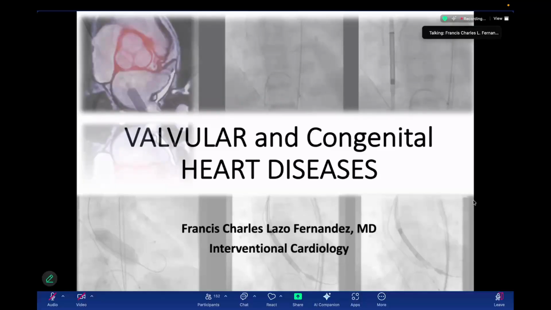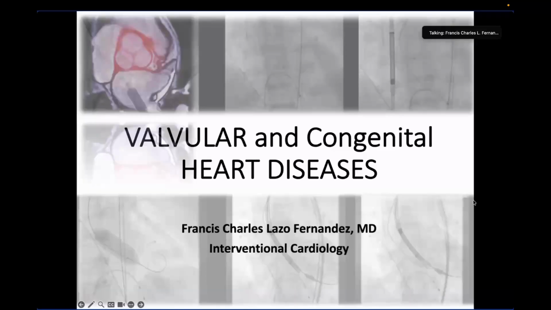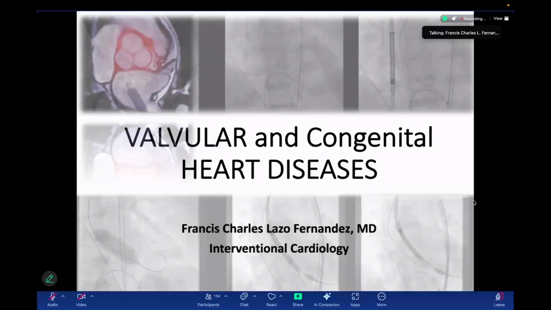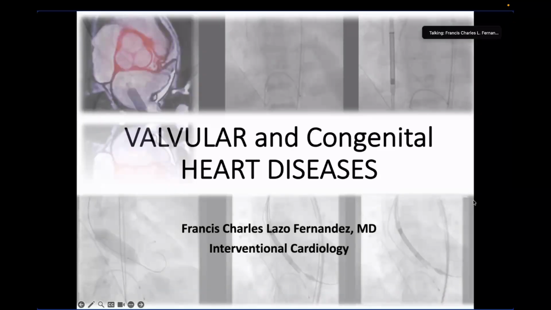But in context, we shall limit this to grown-up congenital heart diseases, for those patients that we get to diagnose in the grown-up context. More often than not, pediatric congenital heart disease will have to be addressed as soon as clinically indicated, when they are young.